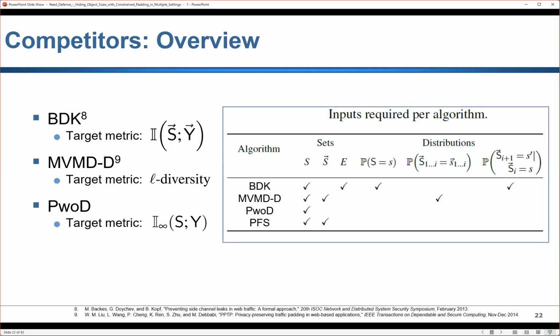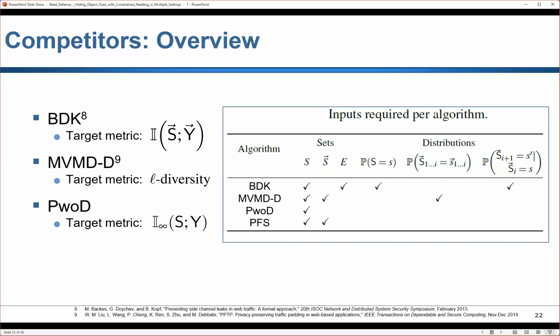In this setting, then, we compared to various algorithms from the literature. The reason we selected these algorithms is because each one of them targets a different privacy metric. BDK from the literature targets mutual information for sequences. MVMD targets L diversity.